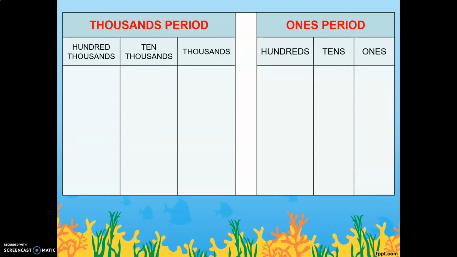So we put 1 in the ones place, 0 in the tens place, 0 in the hundreds place, and 0 again in the thousands place, and 1 in the 10,000s place. The underlined digit in 10,001 is 1, and it is in the 10,000s place.